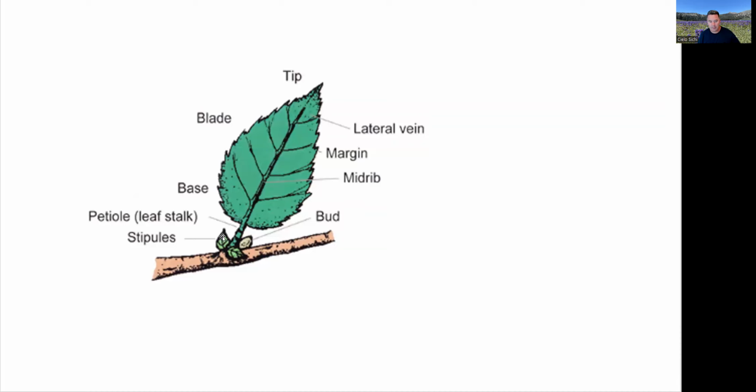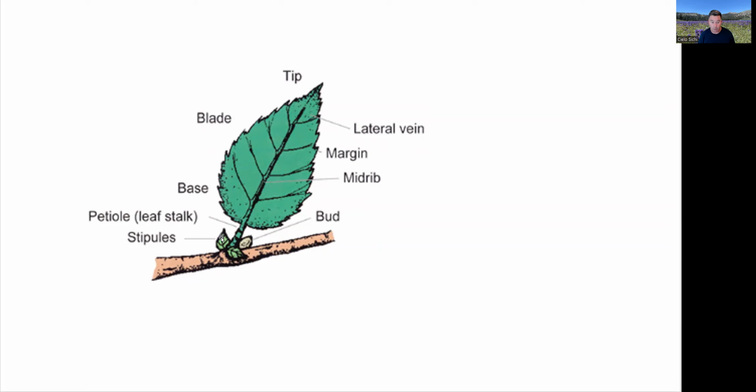The purpose of the stipules is really that it typically will protect the bud. A lot of times generally, the bud forms before the leaf forms. And that bud may or may not need protection. That plant has evolved to provide protection to its reproductive parts.